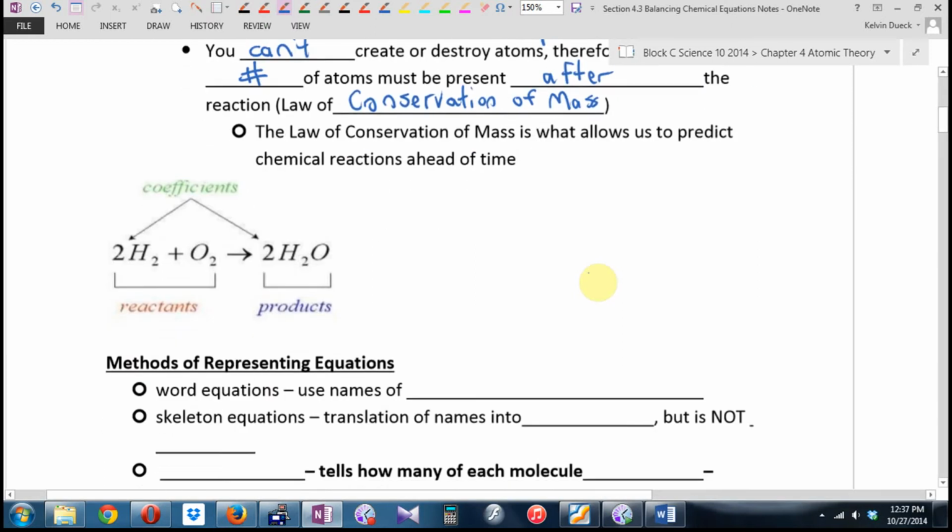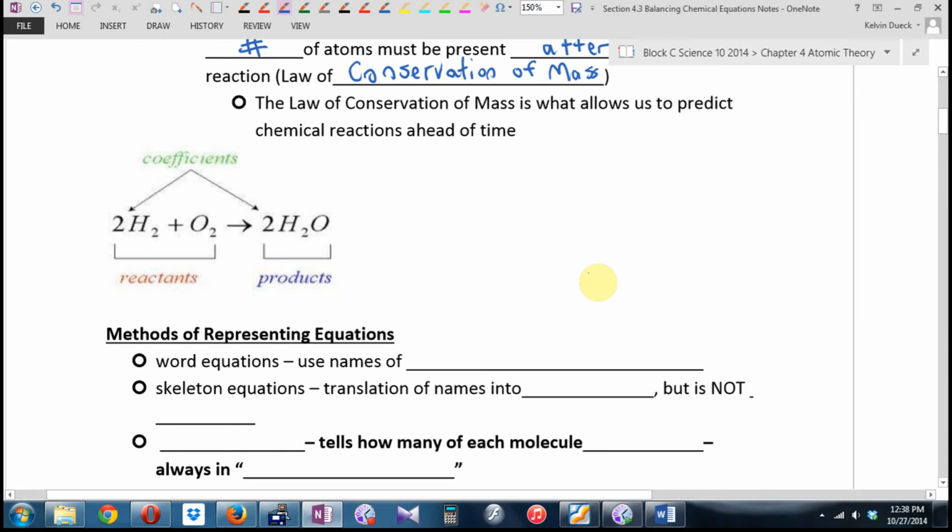So, more terminology. This is a chemical equation. The plus sign is the shorthand for mixing together, combining together, shaking up in a test tube or whatever. We have the reactants on the left, the products on the right, and when you have a number in front, we call that a coefficient.